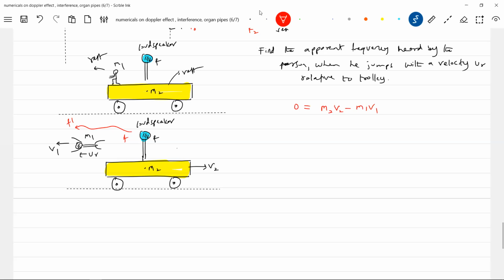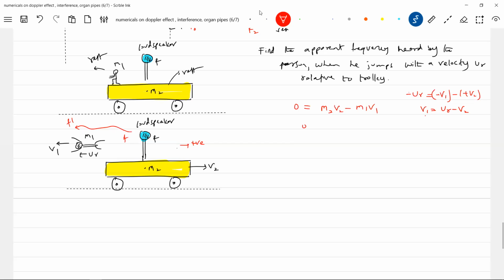Taking anything directed towards the right as positive, minus ur is equal to minus v1 plus v2, so v1 equals ur minus v2. This is the velocity of the person with respect to the ground.